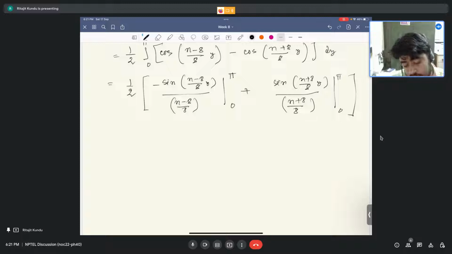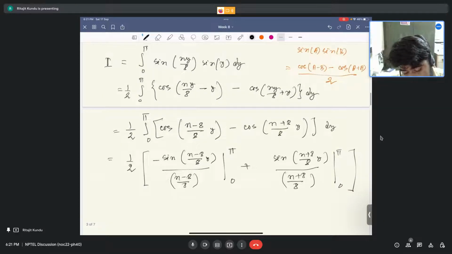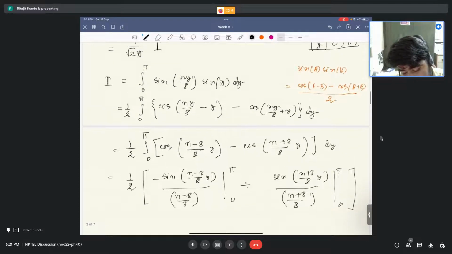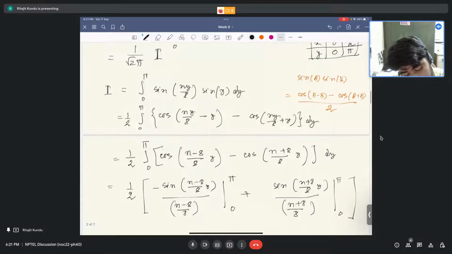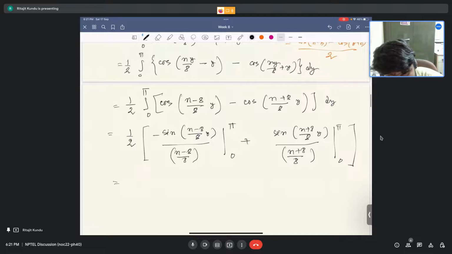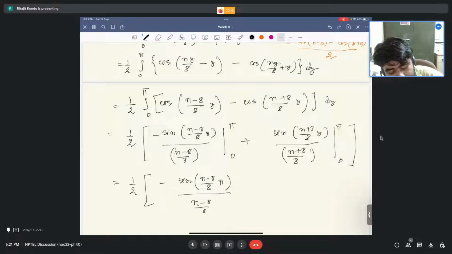I think I may have made some mistake here, but no, this is fine. So we have half, minus sine of (n minus 8) by 8 times pi over (n minus 8) by 8.